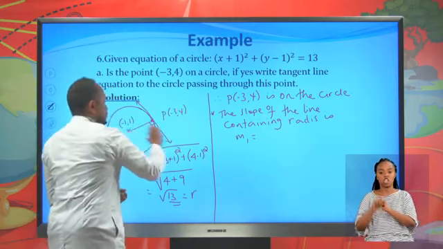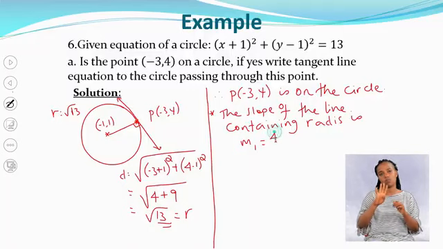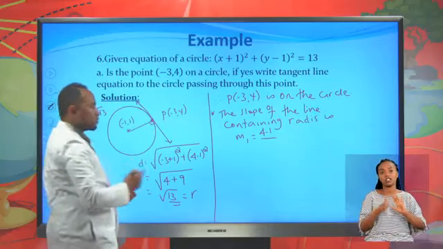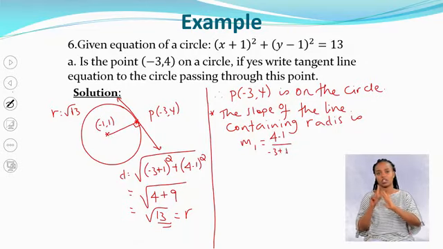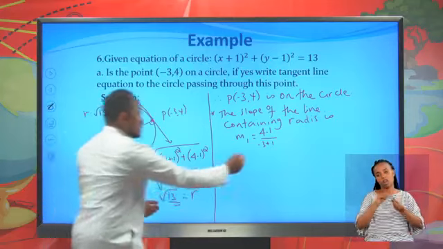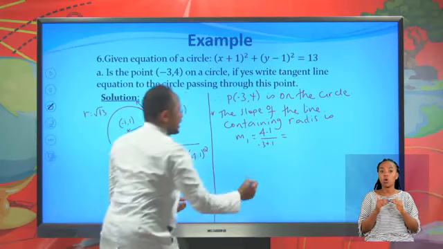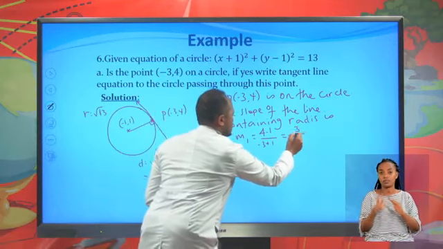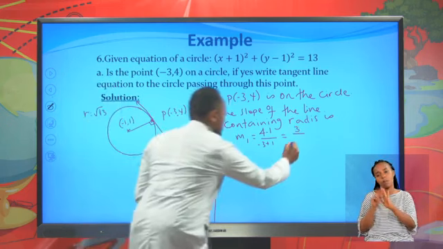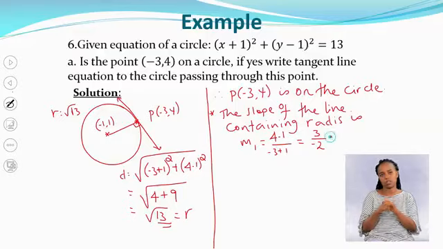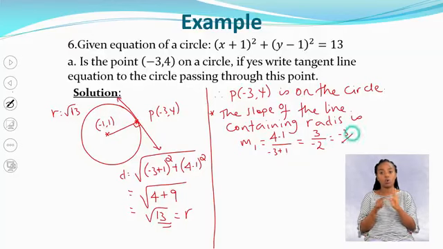Therefore, (4 − 1) divided by (−3 + 1), since the center is (−1, 1). This is equal to 3 over −2, which is −3/2.